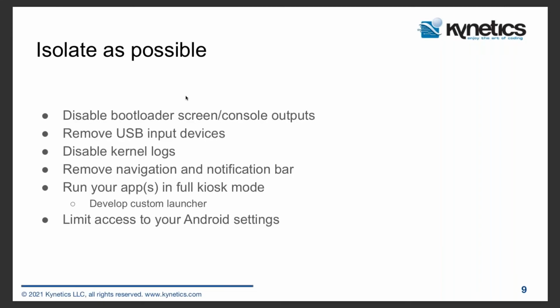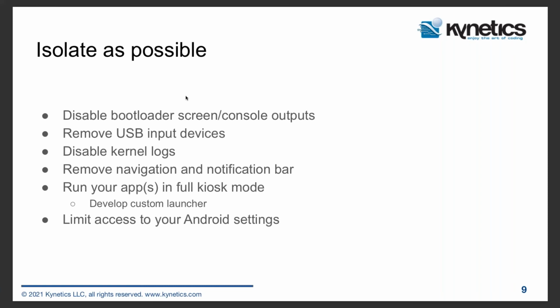One of the things that we are going to do now is to explain a little bit more about the difference between a development system and something that is meant for production. One of the things customers do as soon as they can is to isolate their kiosk mode product as much as possible and try to make the system as close and self-consistent as possible.